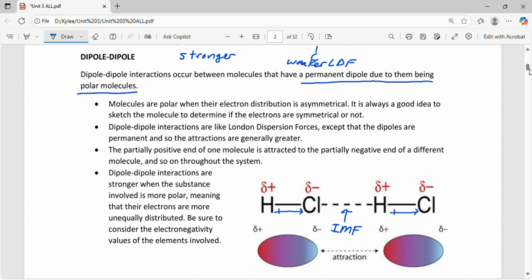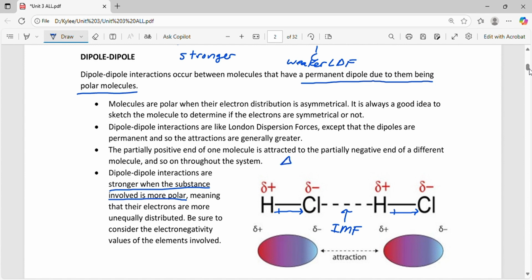Now, just like there's different strengths of London dispersion forces due to that polarizability that we talked about a second ago, dipole-dipole interactions can be stronger when the substance is more polar. What makes something more polar is if there's a big or bigger difference between the electronegativities in the HCl.